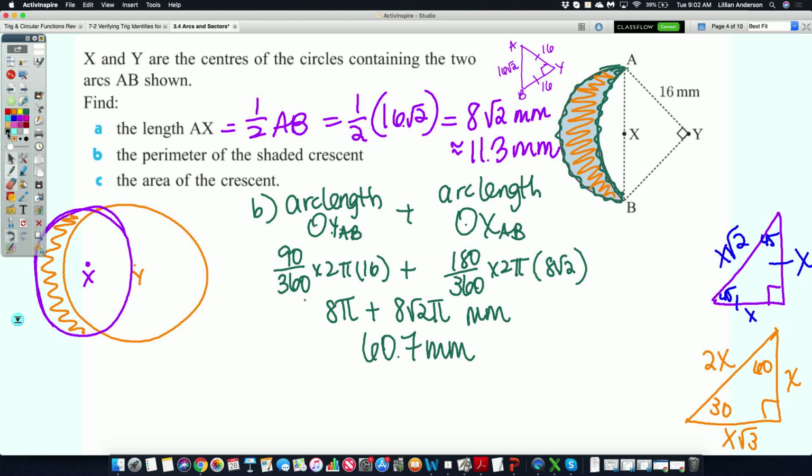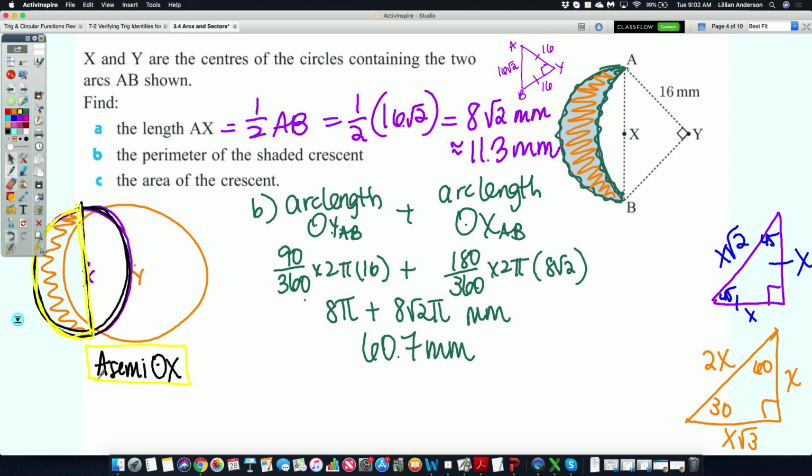Now in circle X, you're told that we need to find the area of half of circle X, which would basically be a semicircle. So we can figure out what's the area of this part right here. That's what this section represents.